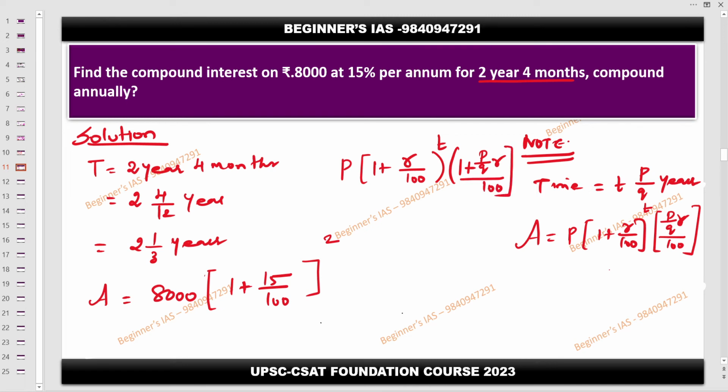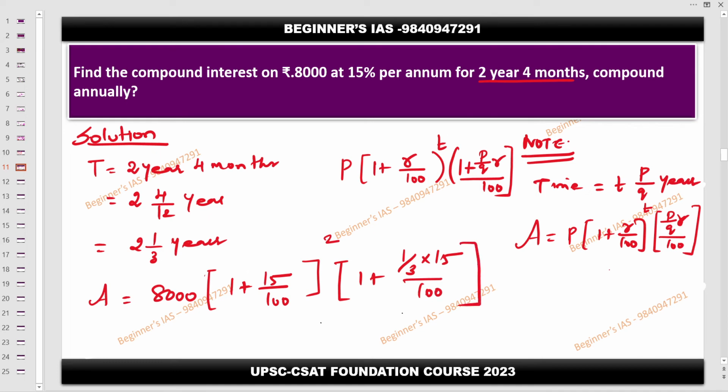Take this one and apply here. So then it will become 1 plus, now that p by q is nothing but 1 by 3, into r which is nothing but 15 by 100.